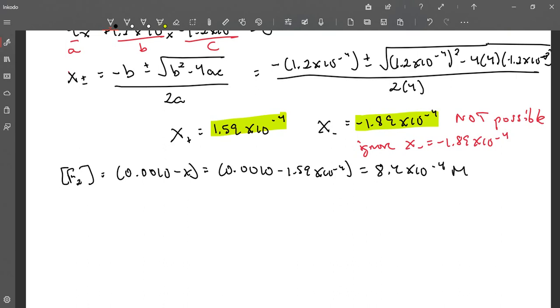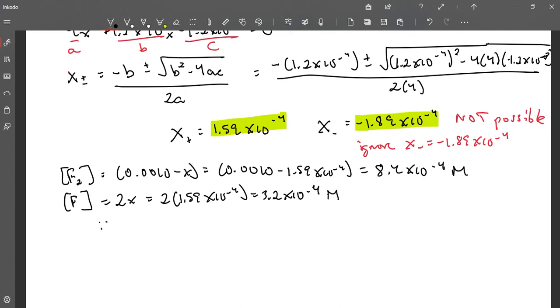Molar concentration last should be concentration there. That is 2x, right? You know what x is. That gives negative 4 molarity.